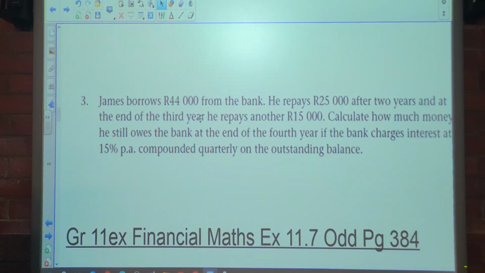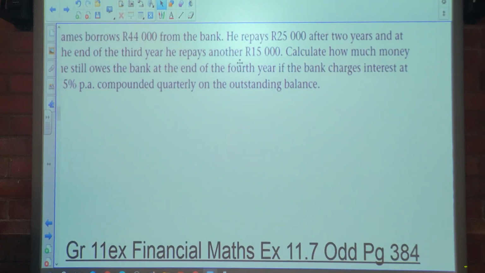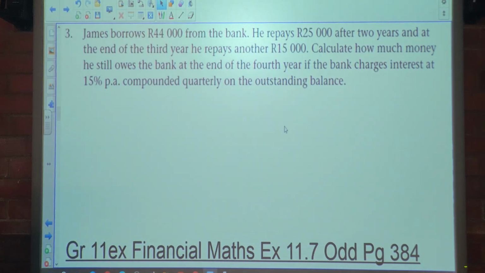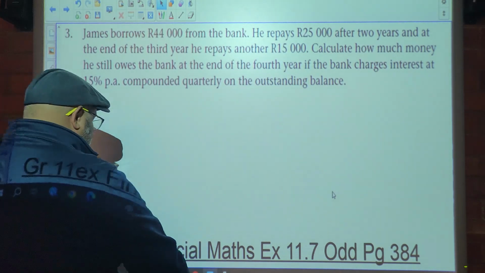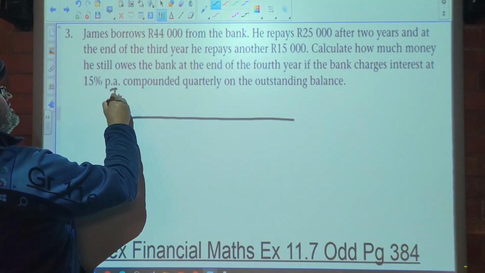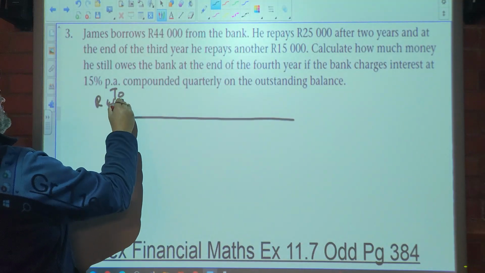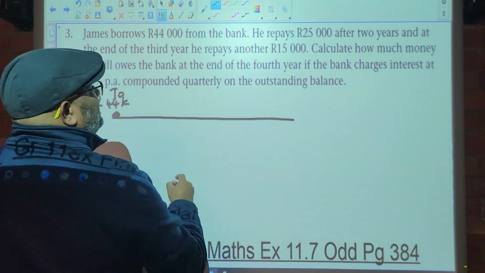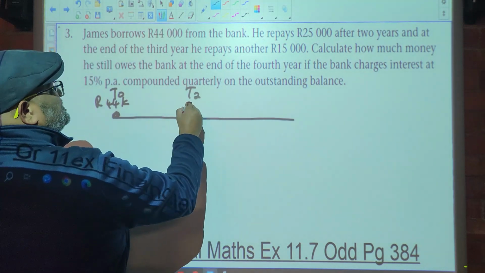Number 3. James borrowed 44,000 from the bank. Timeline. Right, so he borrows 44,000 rand from the bank. He repays 25,000 rand after 2 years.